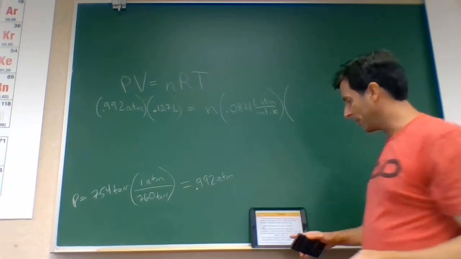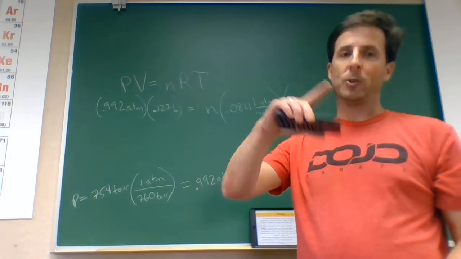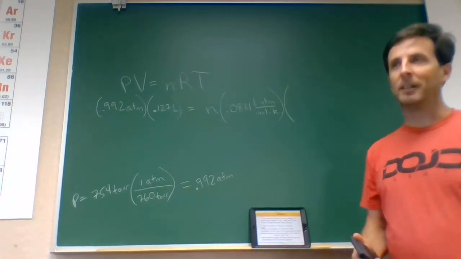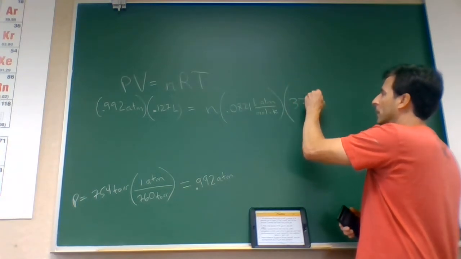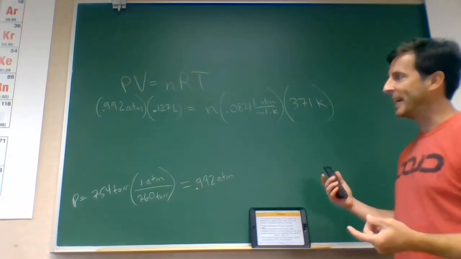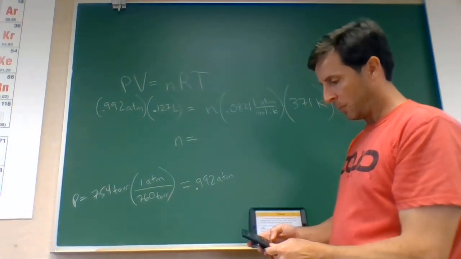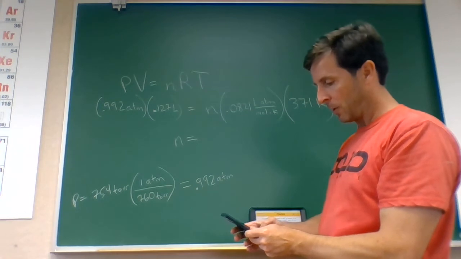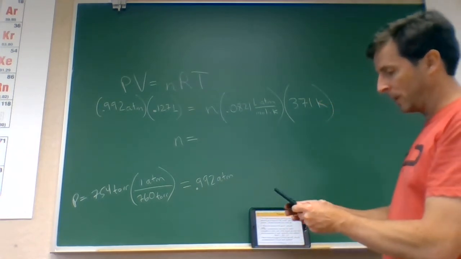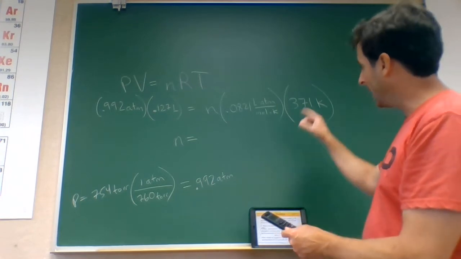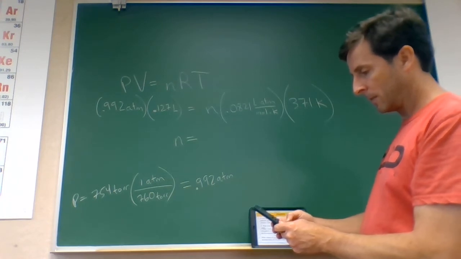My temperature was 98 degrees Celsius; I have to add 273, which gives me 371 Kelvin. So there's my setup. I'm going to solve for n. It'll be 0.992 times 0.127 divided by 0.0821 and 371.